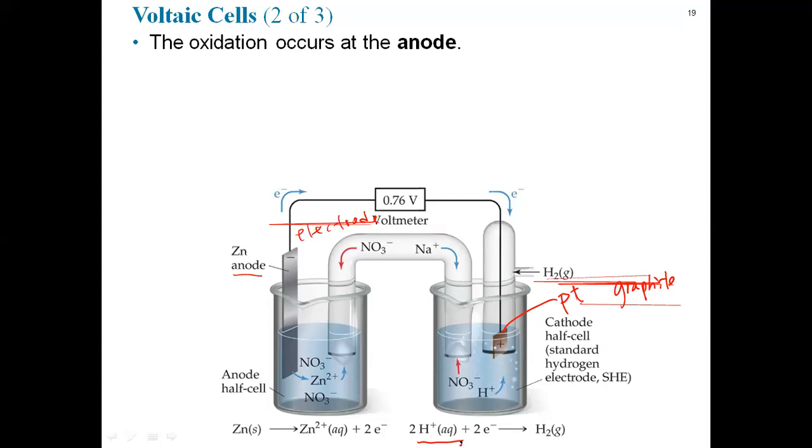That can be used for half reactions that do not have a solid. For this half reaction, it has solid zinc metal itself, so you don't have to use anything else. Just take the zinc metal as the electrode.